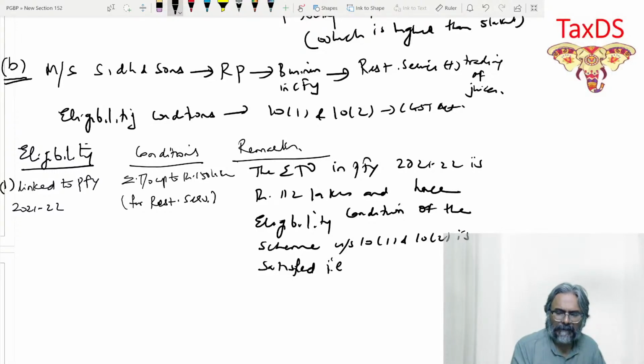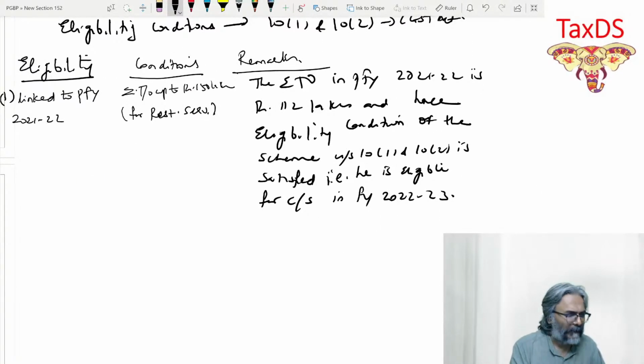That is, he is eligible for composition scheme. He is eligible for composition scheme in financial year 22-23.